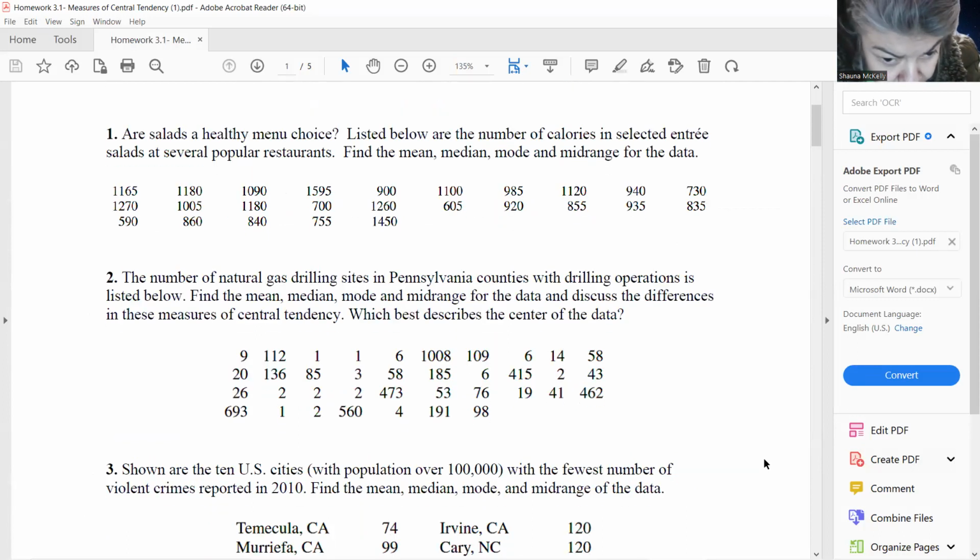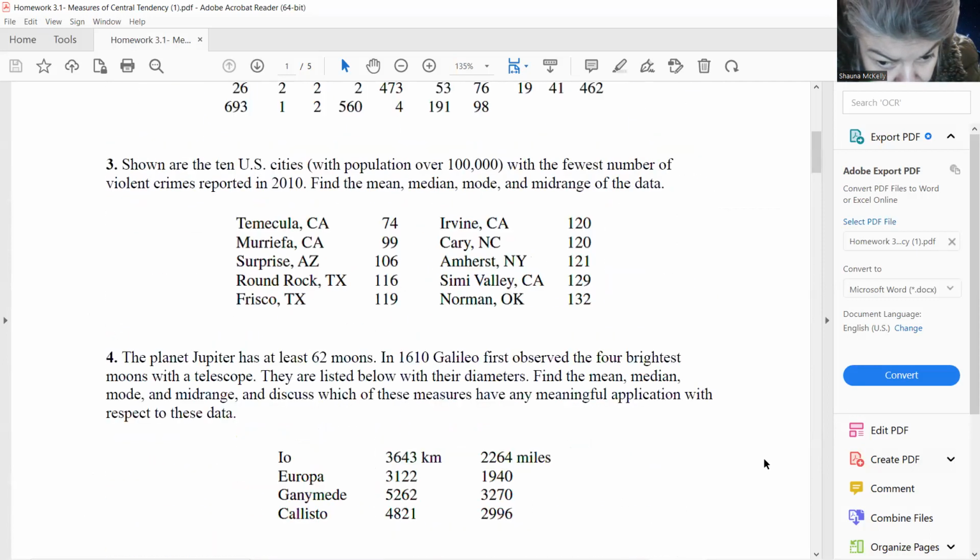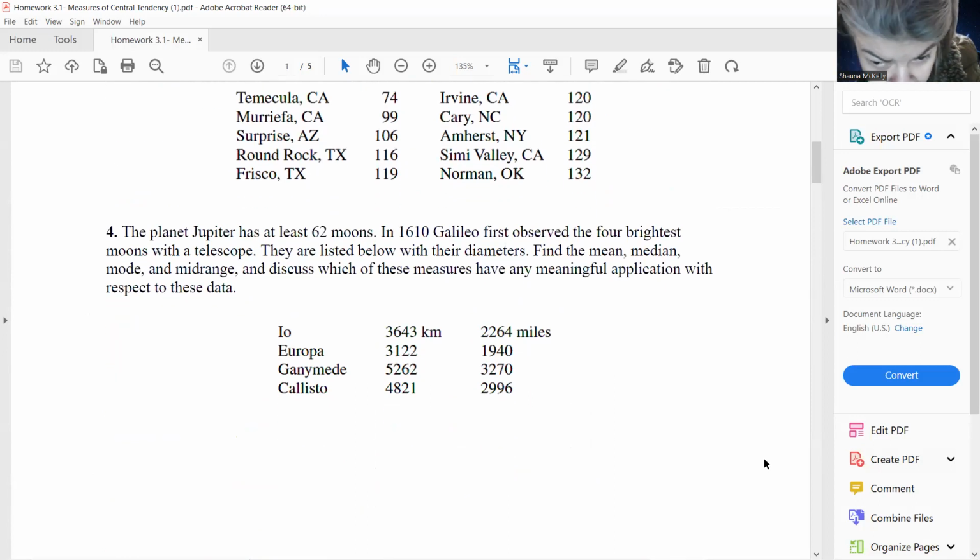Problem 2, 3, 4. Now, number 4 is going to require 2 sets of these. There's only 4 data values, not 8, okay? You need to do 1 for the first column of data because that's the diameters of the moon with how far apart they are, okay?